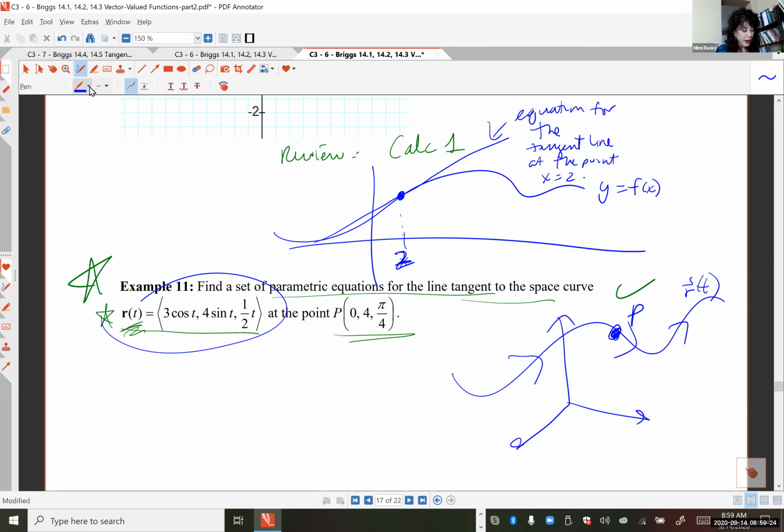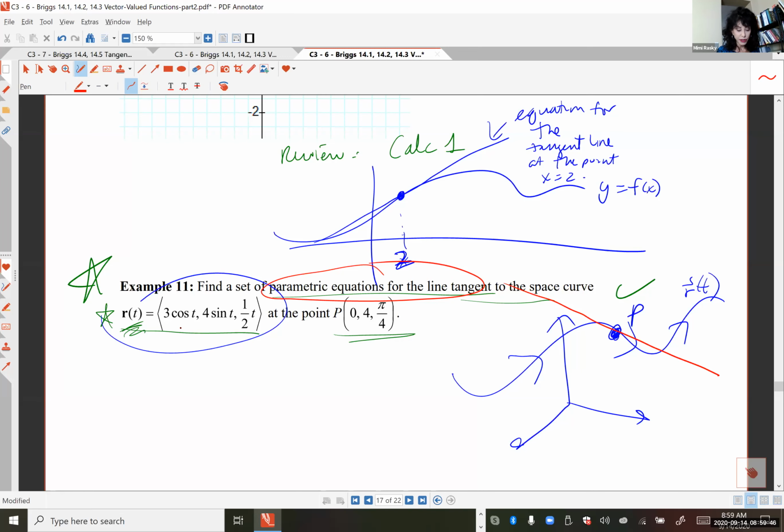And then they're going, hey guys, if I draw a tangent line to that point, give me the parametric equations. Because remember, in 3D, you don't have a single equation that represents a line. You need a set of parametric equations. And so that's what they're doing right now. So how do you do that?